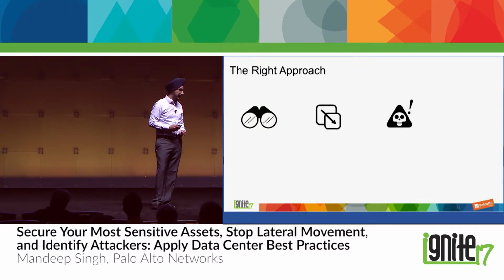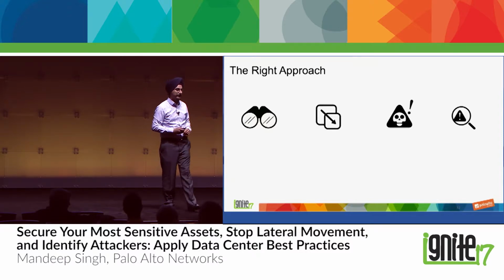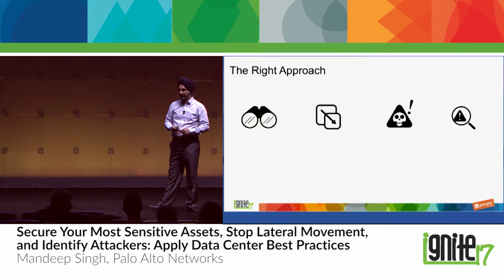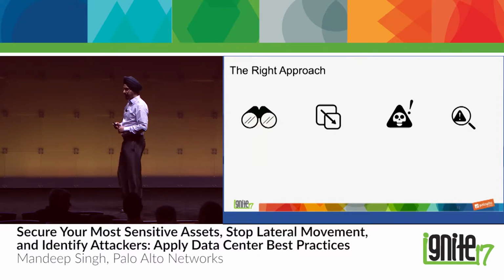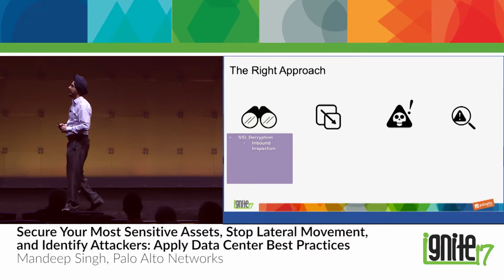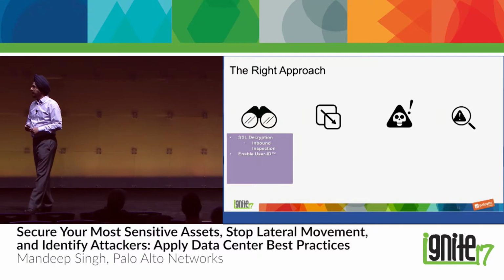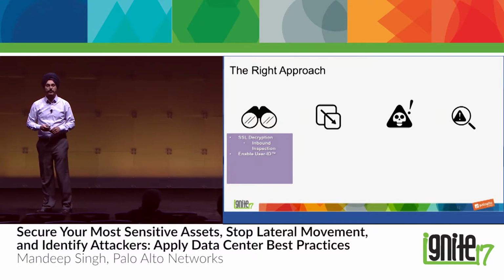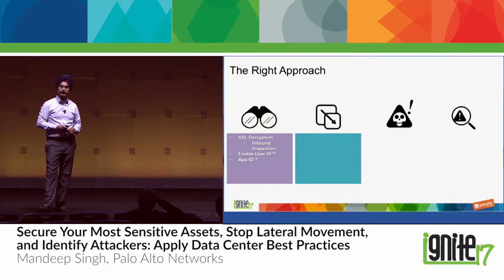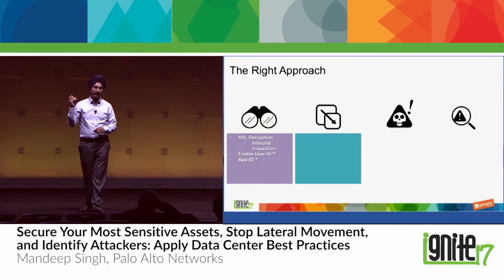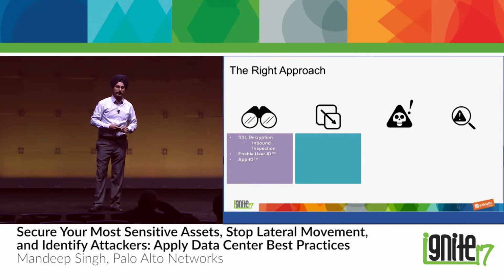So of course, we have the 4 founding pillars that we looked at in the beginning. The binoculars give us more visibility. So you get better visibility through these aspects. You do inbound inspection for decryption. You implement user ID. You use app ID. Anyone can tell me why we didn't put forward proxy here in decryption?